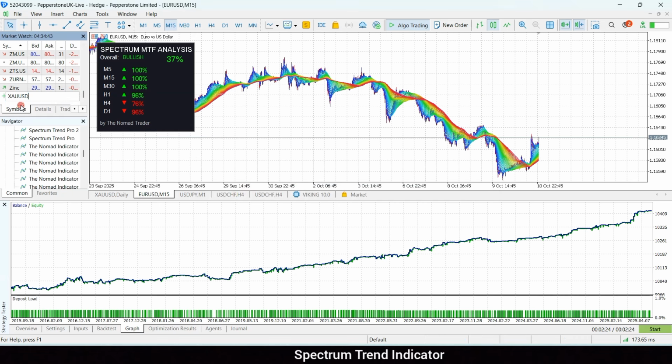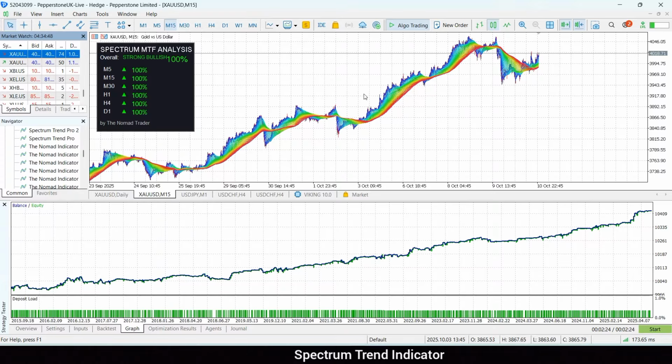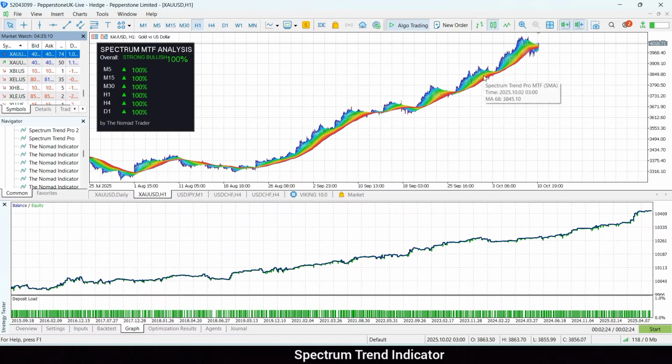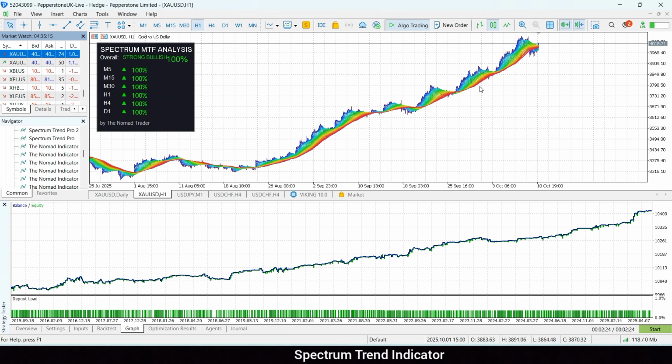If you apply multi-time frame analysis to the system, it really turns your average indicator into something that is highly powerful. As you can see now, gold is crazy.